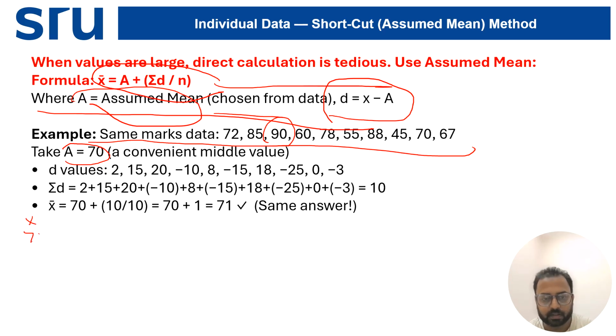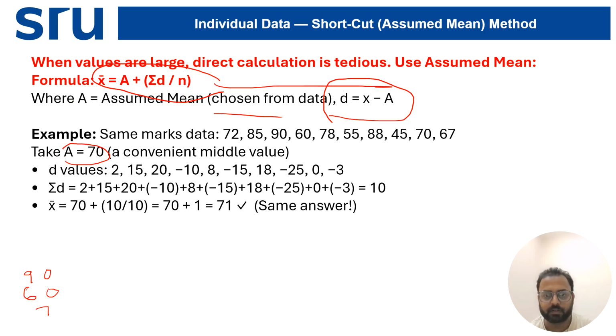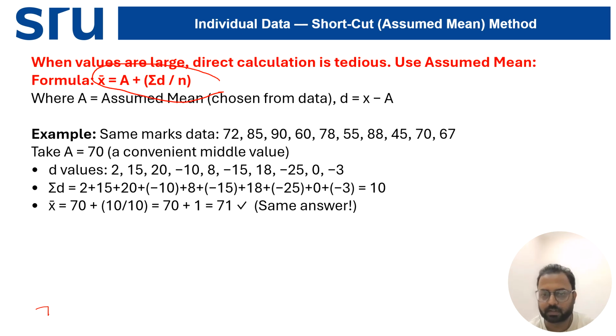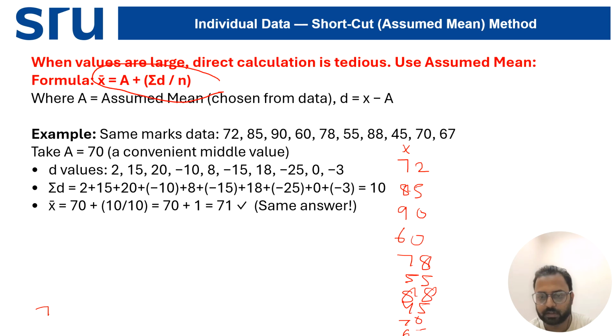X is 72, 85, 90, 60, 78, 55, 88, 45, 70, 67.